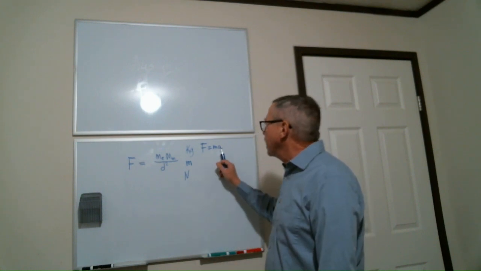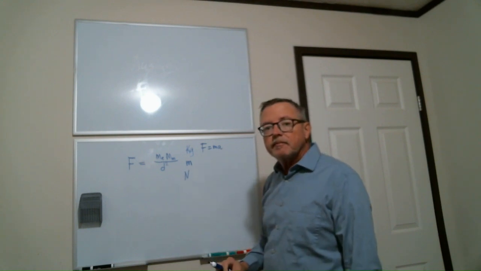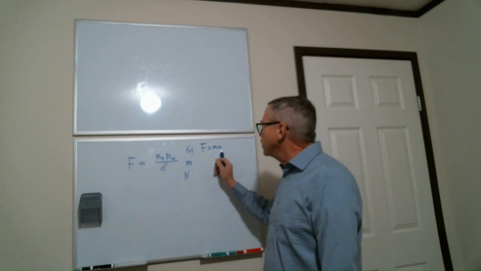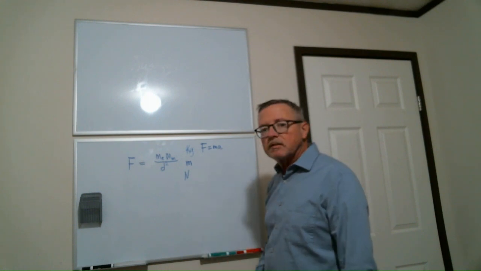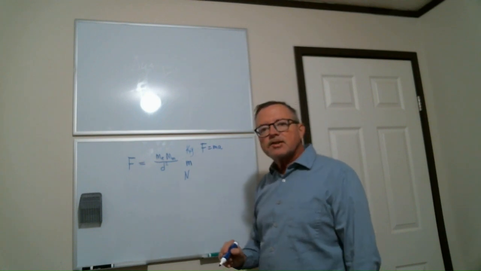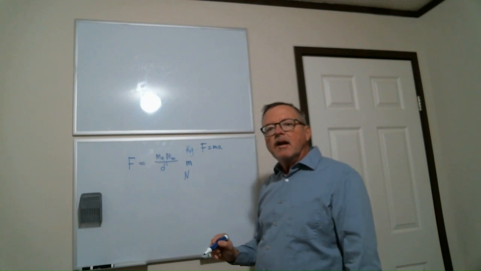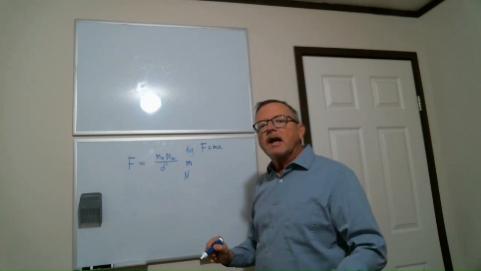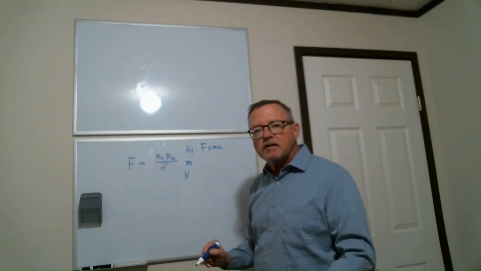So what's the force being put on that 1 kilogram? Well, if we know the acceleration and we know the mass, then we can figure out the force. 1 kilogram is accelerated towards the Earth at 9.8 meters per second per second.